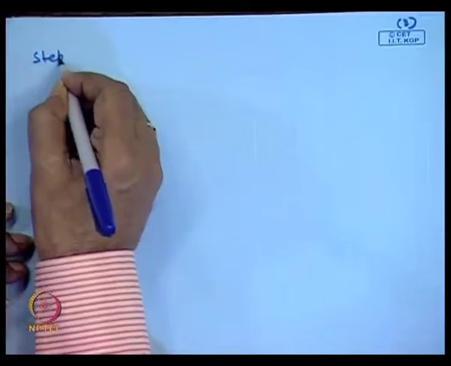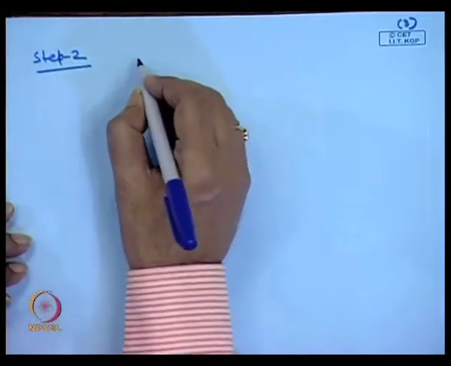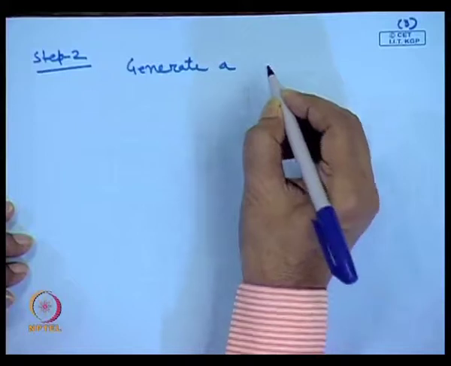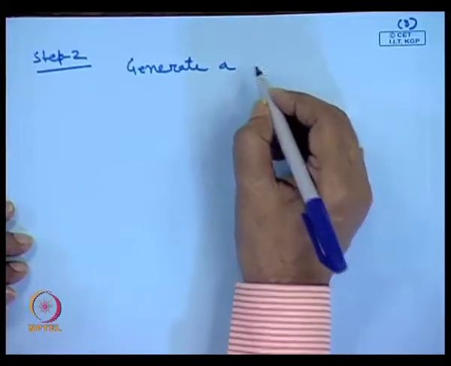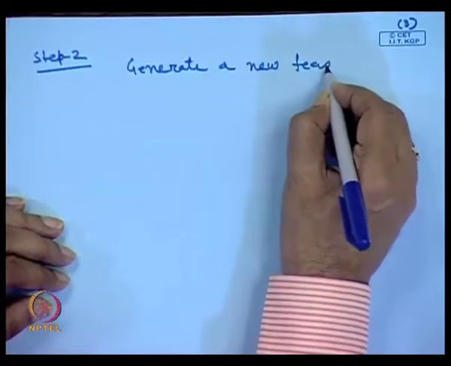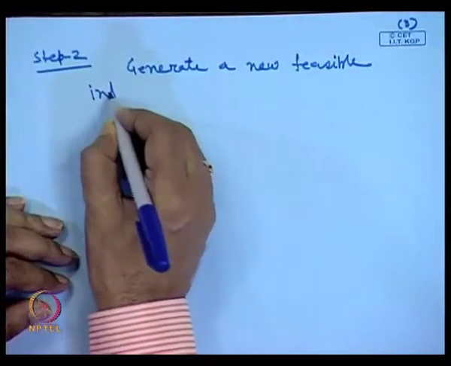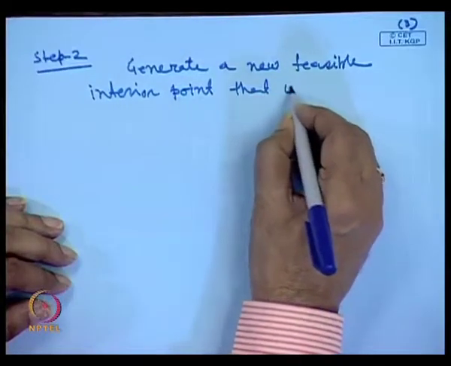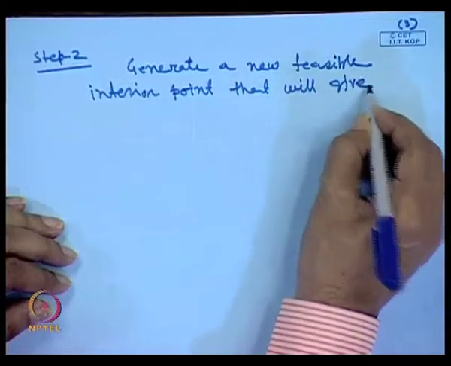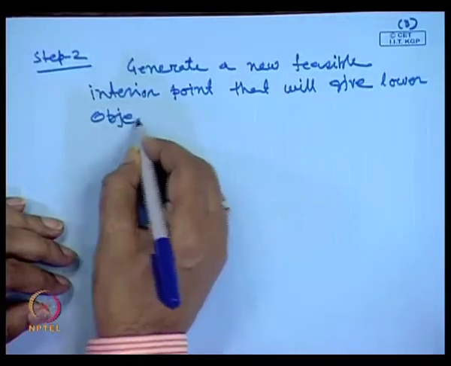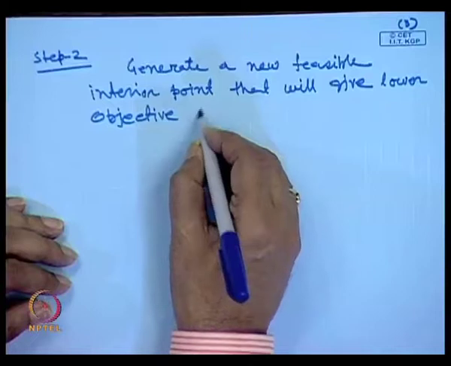Next, step 2: generate a new feasible interior point that will give a lower objective function value.